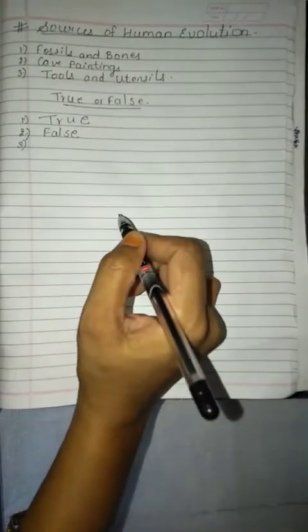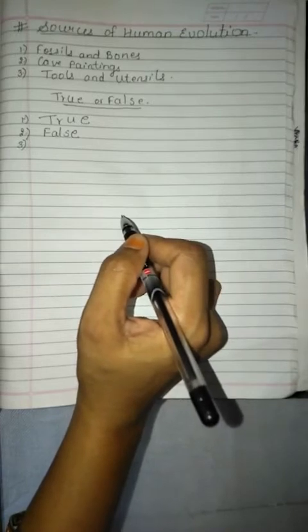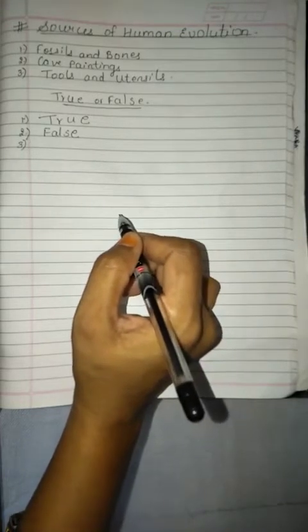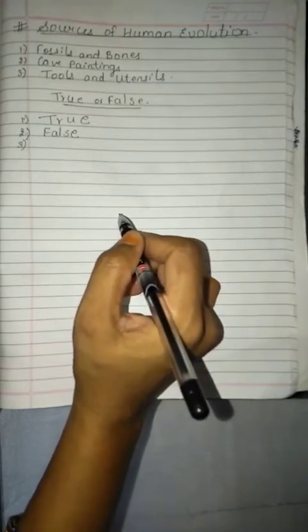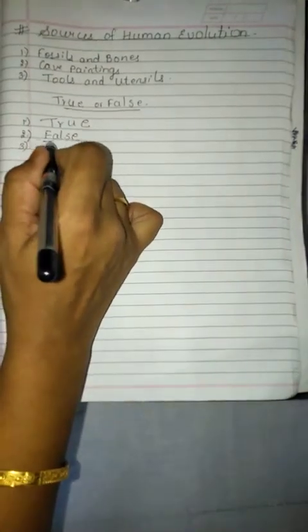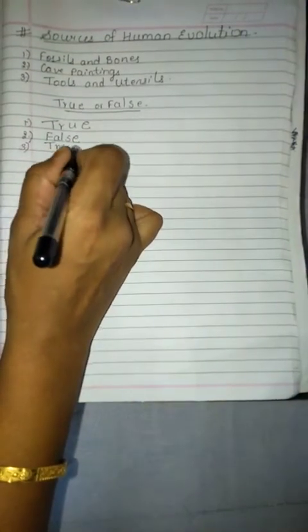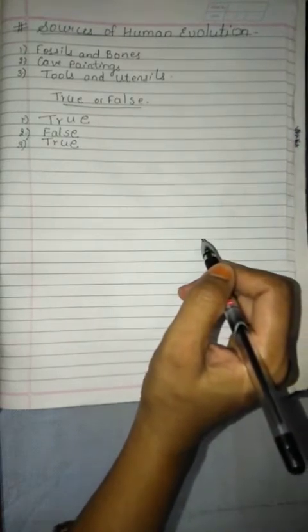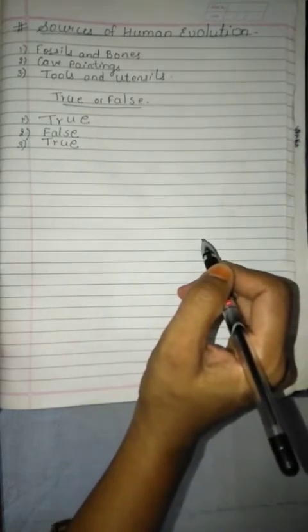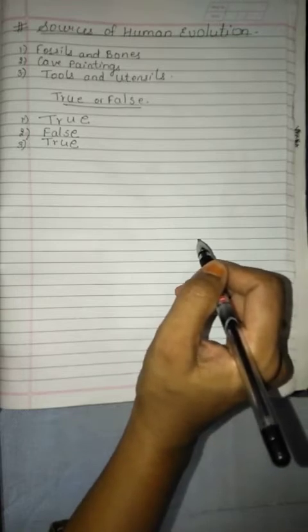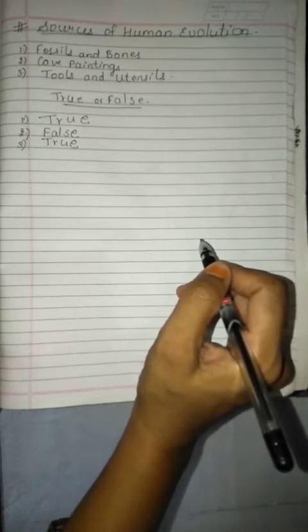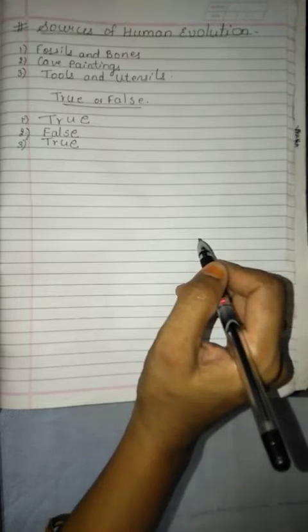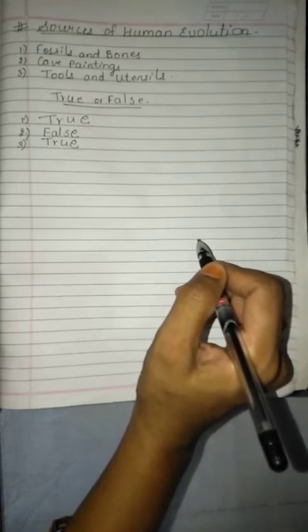Third, Homo erectus could walk over long distances. The answer is true. Yes, Homo erectus could walk over long distances.